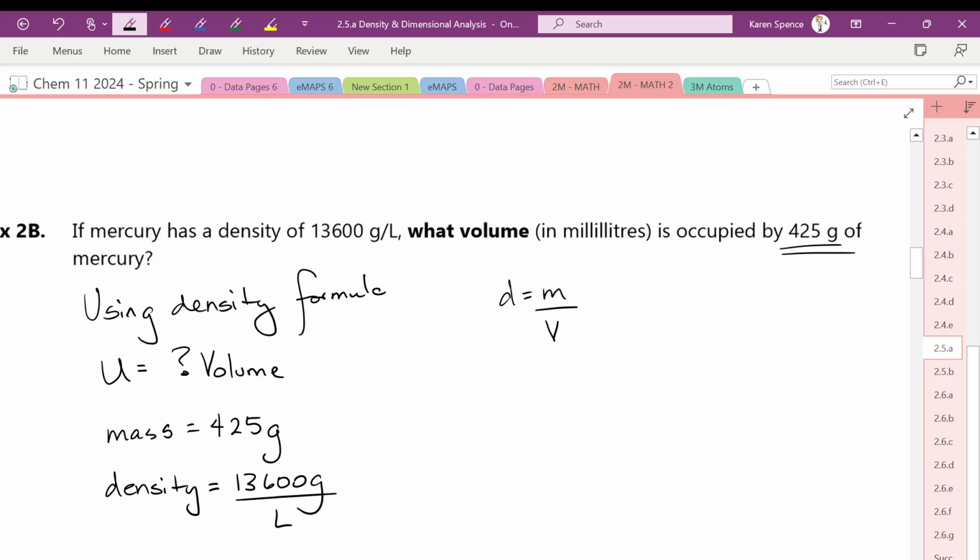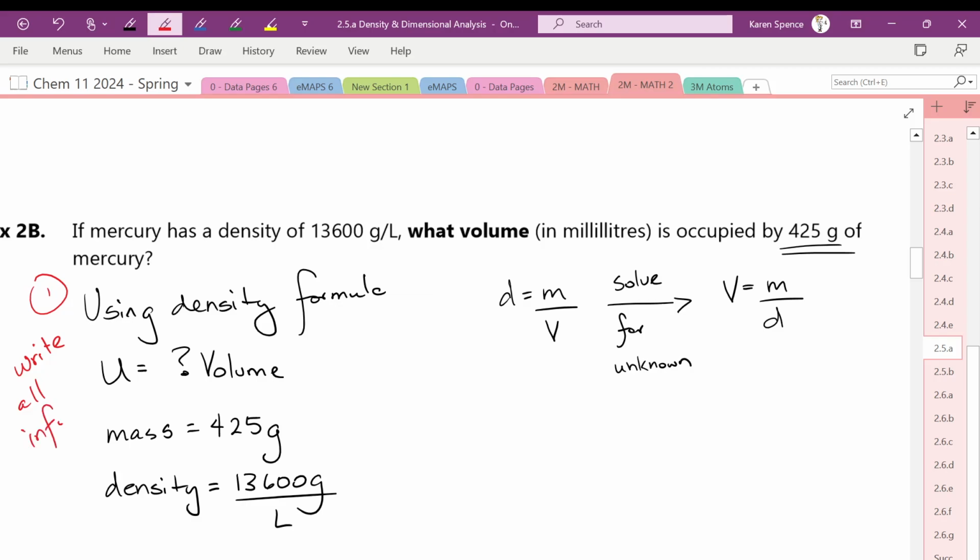You need to solve that for V. Solve for the unknown. And in this case, V is equal to M over D. Okay? That's step number 1, all the info. Step number 2 is to solve for the unknown.